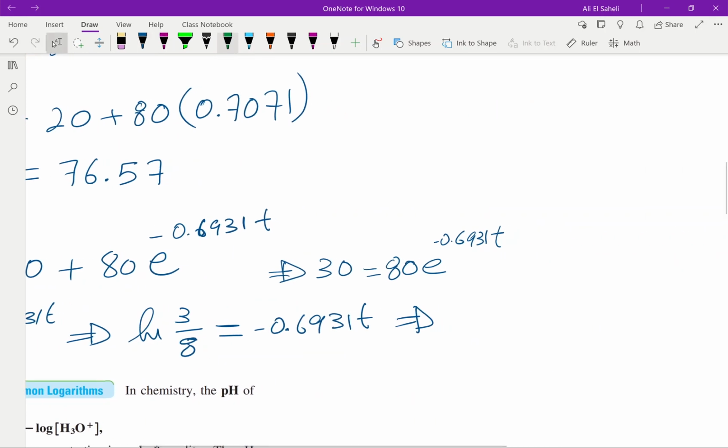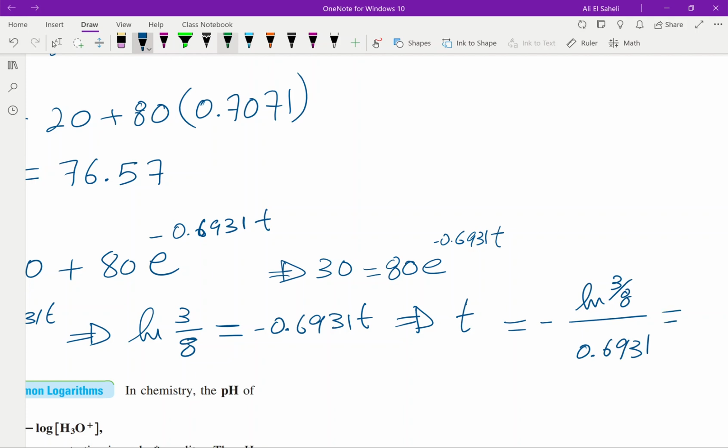So t equals minus, because we have a minus here, minus ln of 3 over 8 divided by 0.6931.